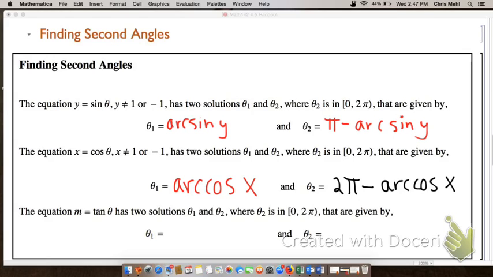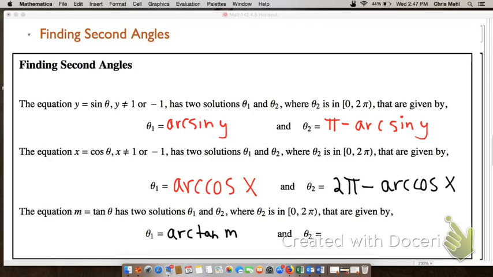Now lastly, if you're trying to solve the equation m equals tangent theta, m will be given, and we're trying to find the angle. There are two solutions we can find. There are actually infinitely many solutions to each of these equations. Theta 1 is just going to be applying arctangent to the value of m, so that'll give you one of the solutions to that equation.